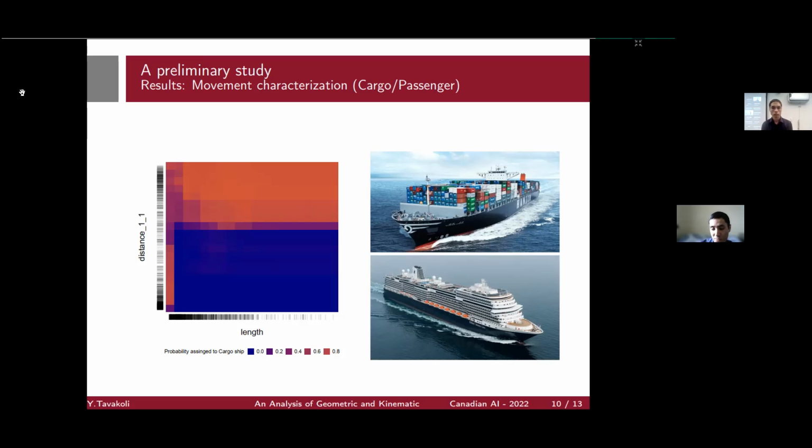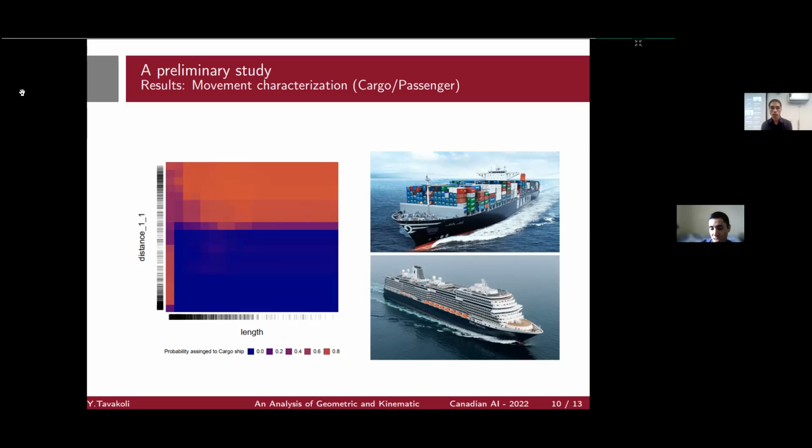These 2 descriptors, in fact, very well discriminate between these 2 types of ships. The graph implies that the more tortuous the trajectory, the lower the probability it belongs to a cargo ship, except when the trajectory is very, very short.